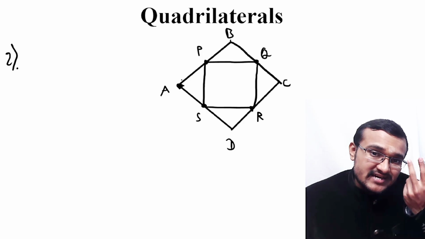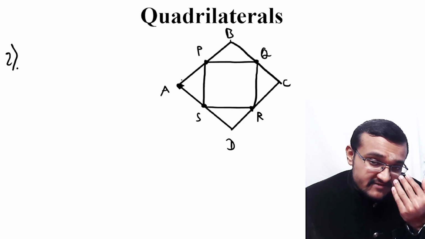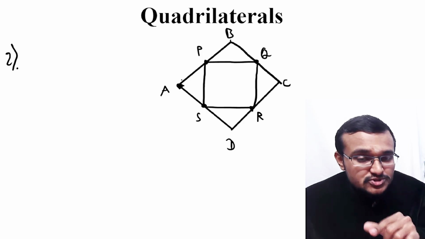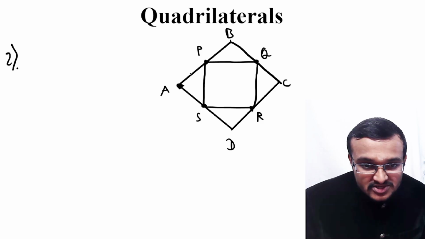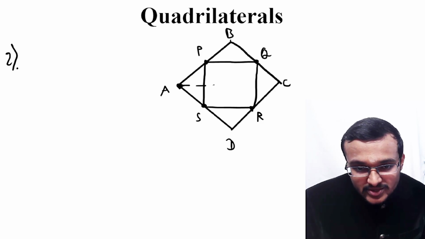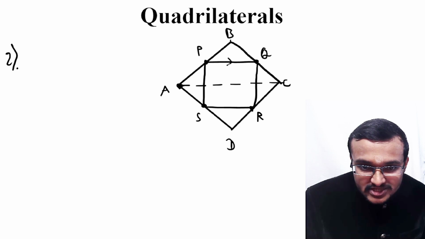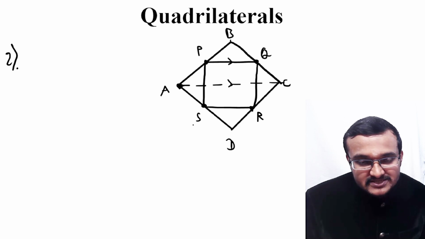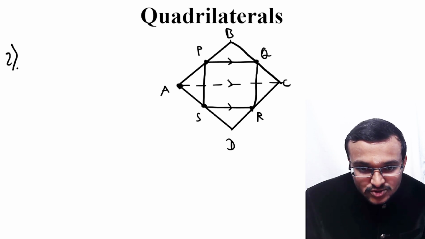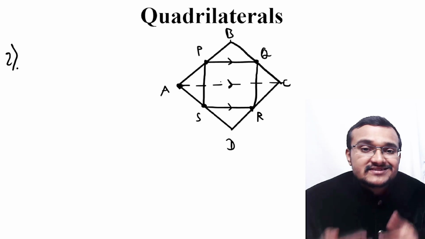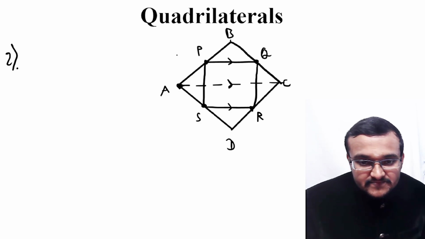Based on that explanation, you can take AC as one diagonal, and prove that PQ is parallel to AC and SR is also parallel to AC. This is according to the midpoint theorem.